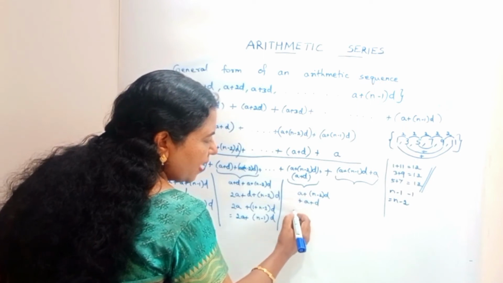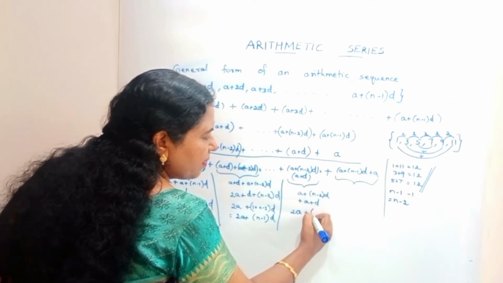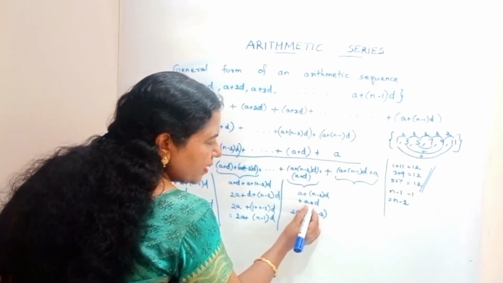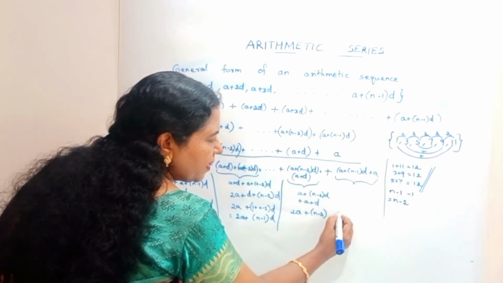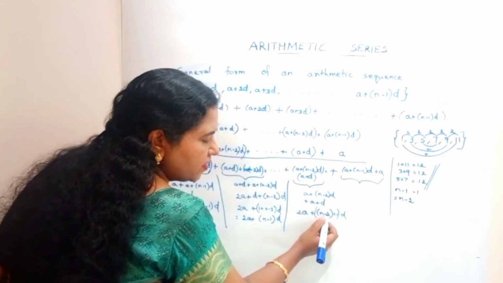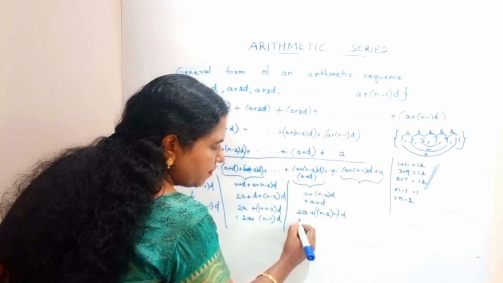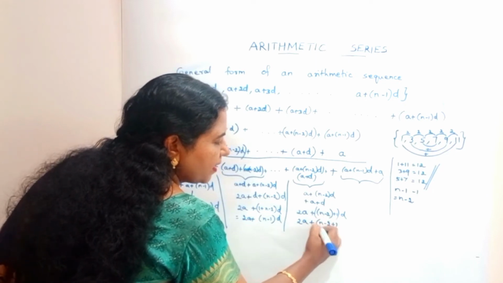So again we are having a plus a. So it becomes 2a plus, here it is (n minus 2) into d. Here it is d. So d will be getting n minus 2. Here the coefficient is 1. So it is n minus 2 plus 1. So it becomes 2a plus (n minus 2 plus 1) into d.